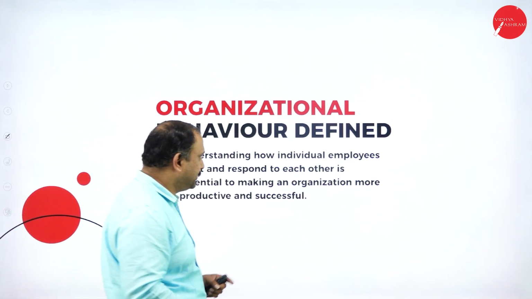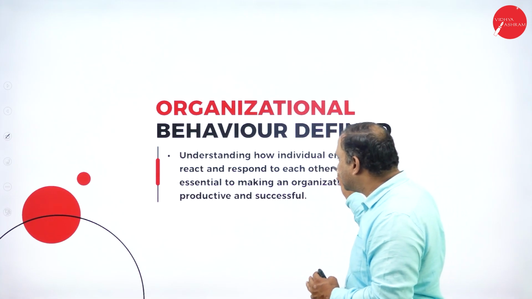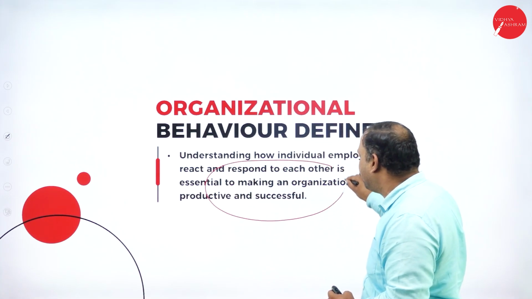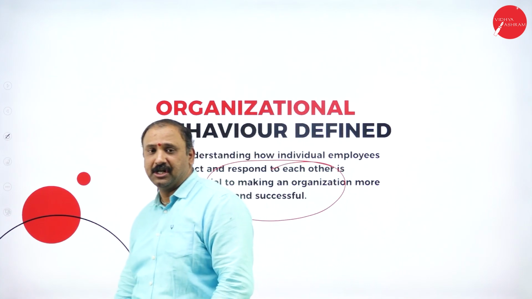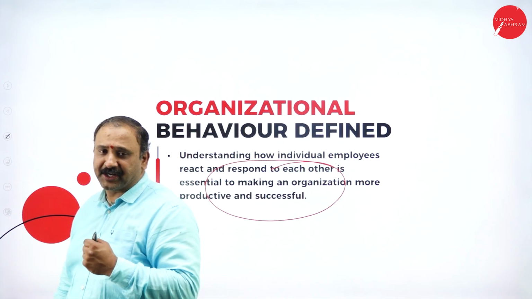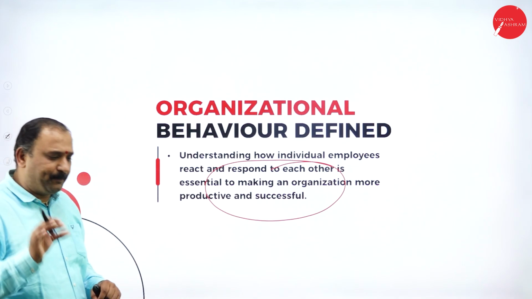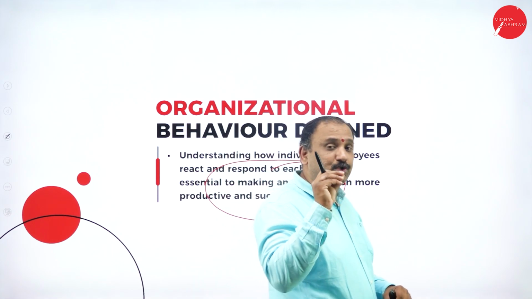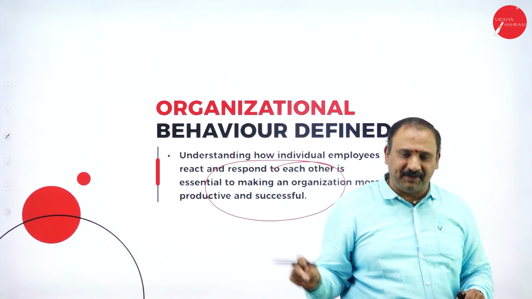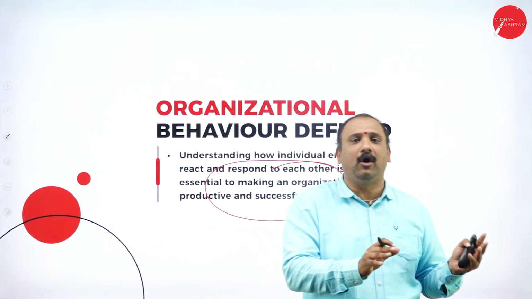Now, when you go further, you will also try to understand how the individual employees respond to each other, which is essential for making a more productive and successful organization. What's the level of interaction that you see within an organization? There are many companies in this world which do not allow too much interaction because they feel that it can affect productivity during the office hours.